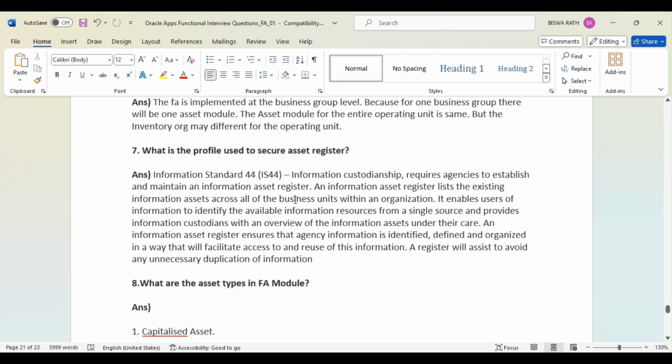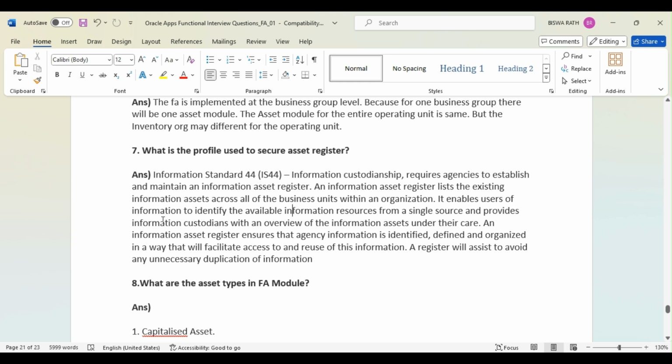And what is the profile being used to secure the asset register? This is the information standard 4.4. The custodianship requires the agencies to establish and maintain the information asset register. An information asset register lists the existing information assets across all the business units within the organization.